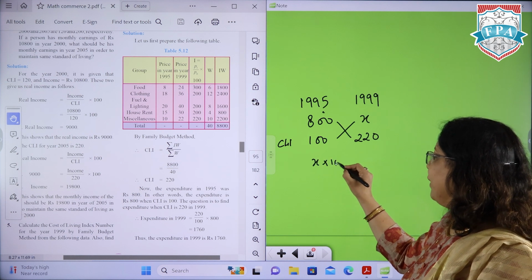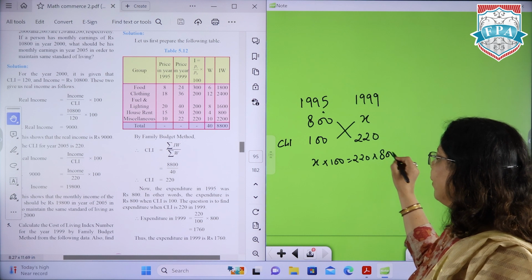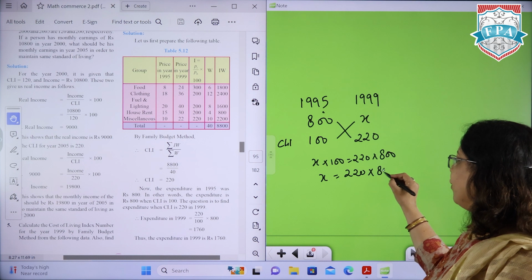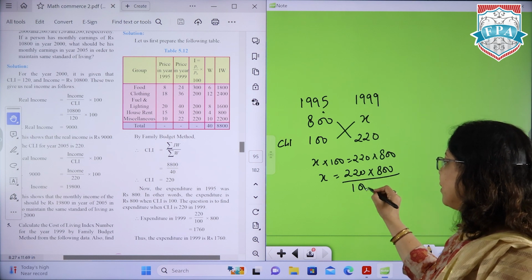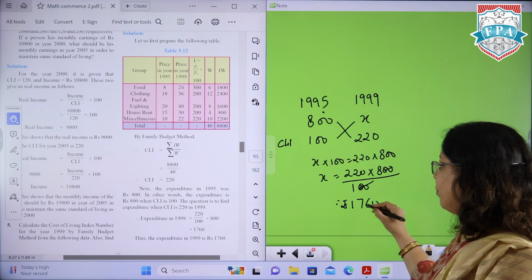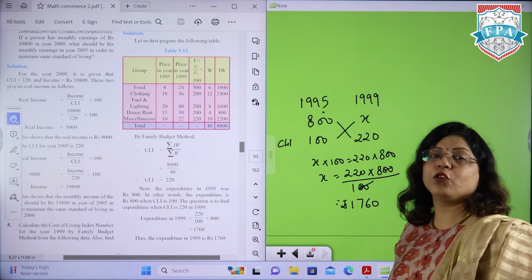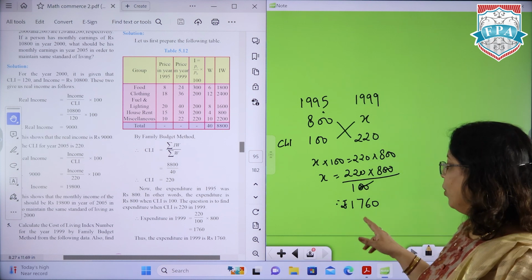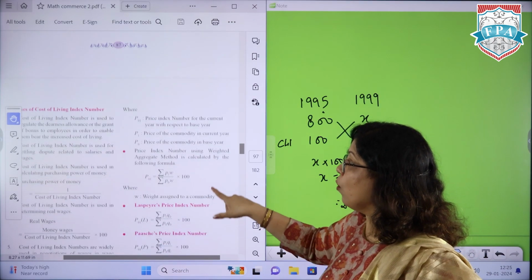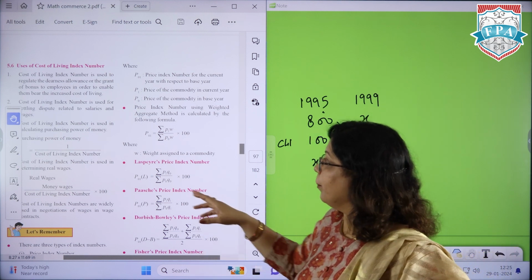X into 100 will be 220 into 800, and X will be equal to 220 multiplied by 800 by 100, which is rupees 1760. So you can say that for the same expenditure today, the person needs to earn 1760 rupees. So this is how our basic index number thing is calculated.